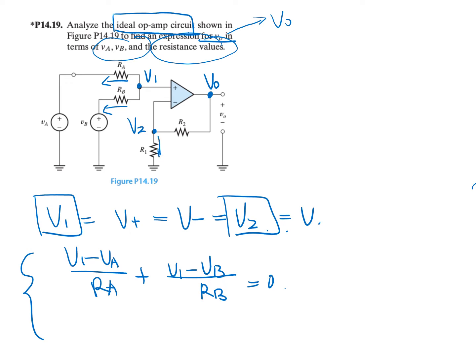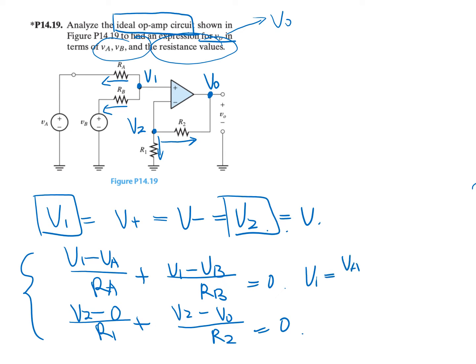Similarly, we perform KCL at node 2. That is V2 minus 0 divided by R1 plus V2 minus V out divided by R2 is equal to 0. For the first equation, we can find that V1 can be written as VA RB plus VB RA over RB plus RA.